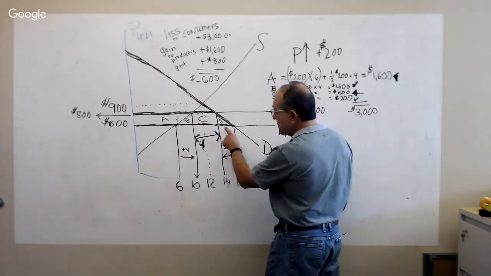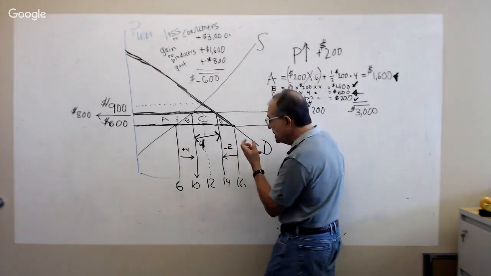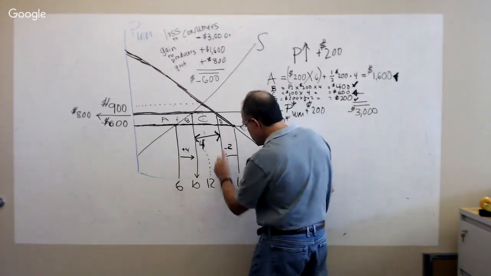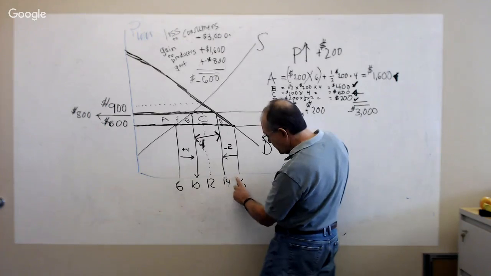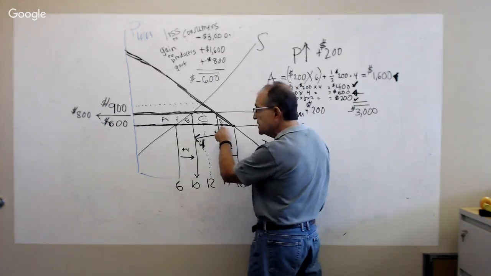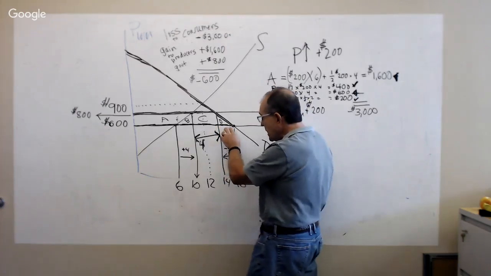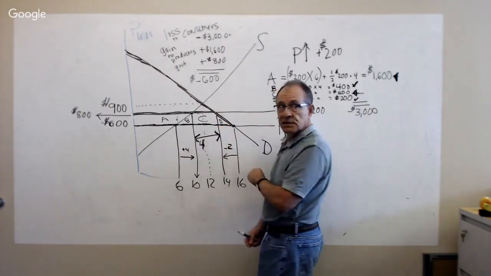Let's look over here at area D. It's a little bit different. This is kind of an opportunity lost for consumers. Initially, consumers were paying for these 2 units. They were paying this price of $600. But now the tariff is inducing them to cut back on these purchases.